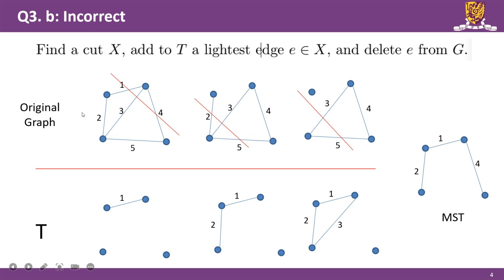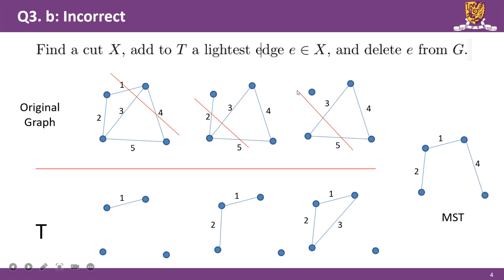As before, the above part is the original graph, and the below part is the generated minimal spanning tree. First, let's make a cut here, and we will add the lightest edge, which is this edge, to the minimal spanning tree, and we add another cut here. We will add the lightest edge, that is this edge, to the minimal spanning tree, and we will delete this edge.